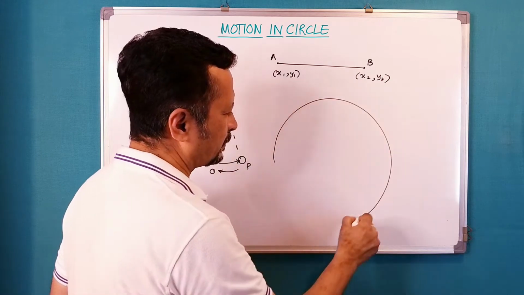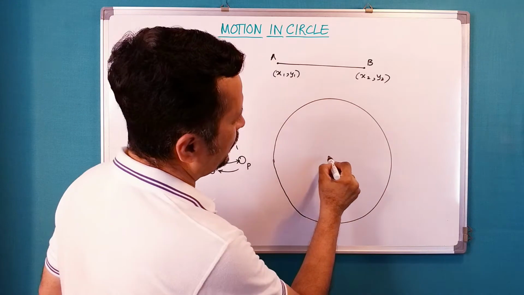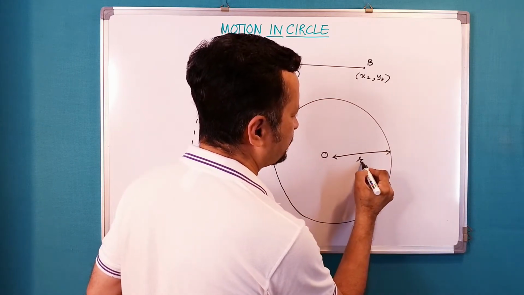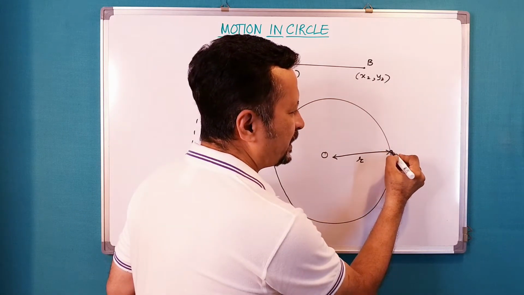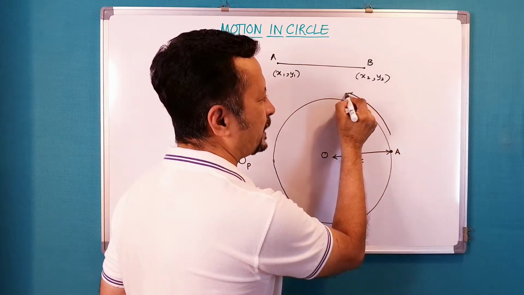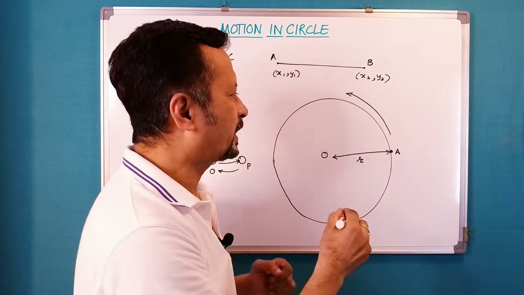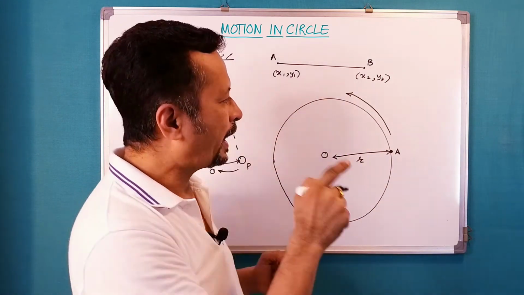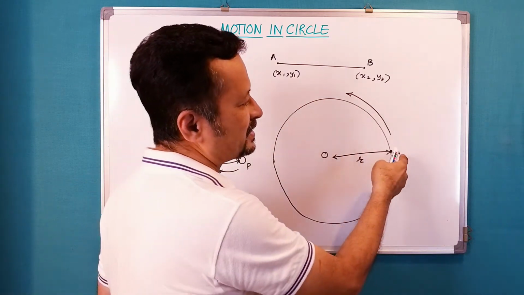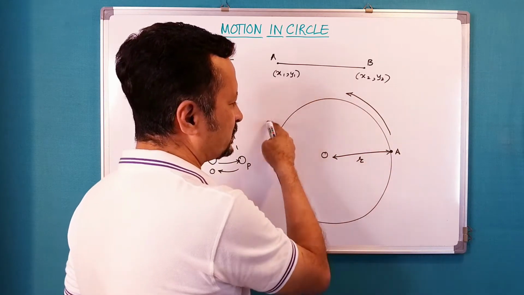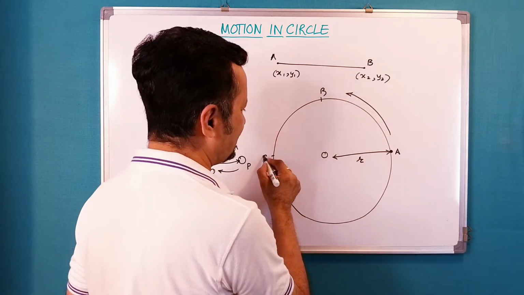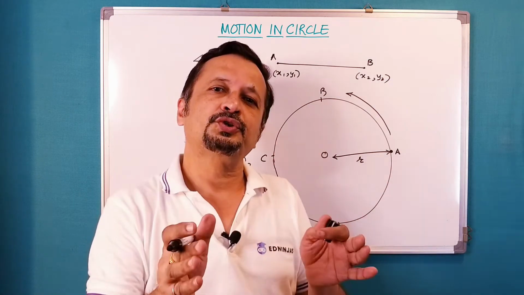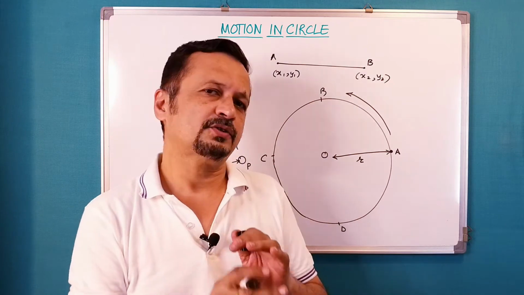I have this circle here, of radius R, with center O. My particle, initially at point A, will move along the circumference of this circle, and in some time it will come back to A and continue. So the motion is repetitive, because in a certain time it moves from A along the circumference, then to point B, then point C, D, and finally comes back to point A. It may continue, it may not, but whenever the motion is along the circumference of a circle, it is called circular motion.